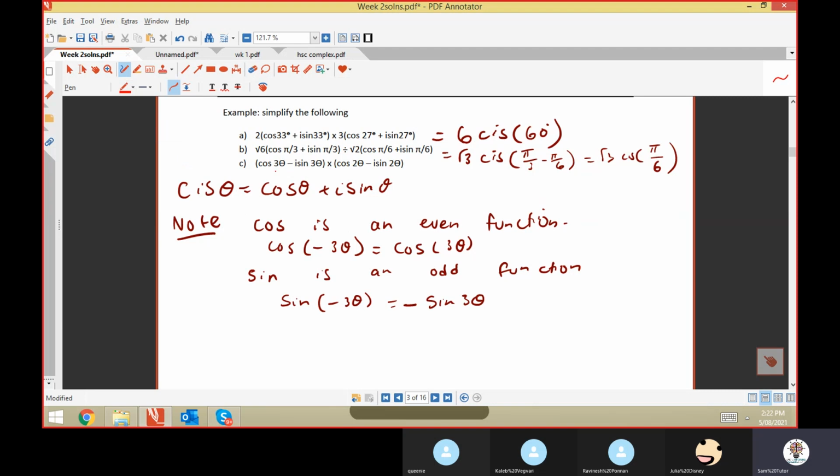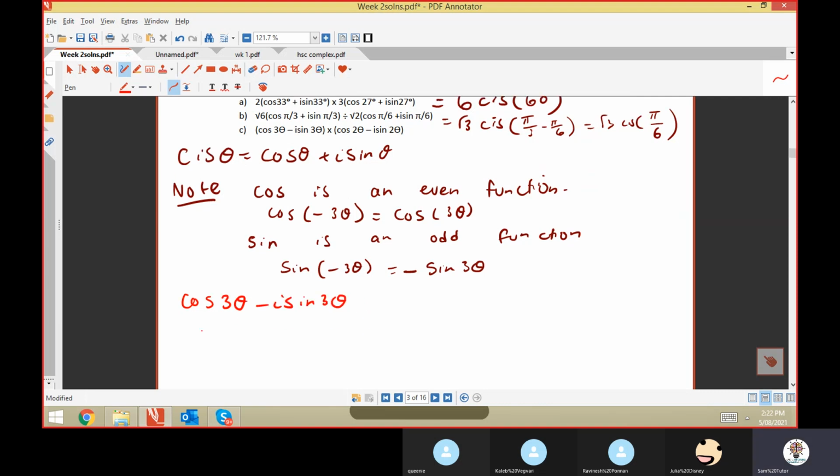So how can I convert this? Well, now cos 3 theta minus i sine 3 theta can actually be written as cos negative 3 theta plus i sine negative 3 theta. So that's the trick.